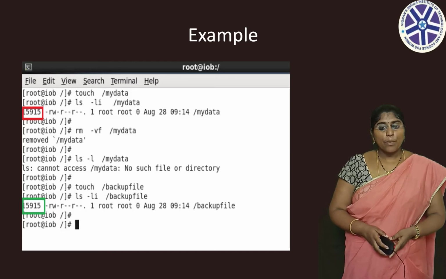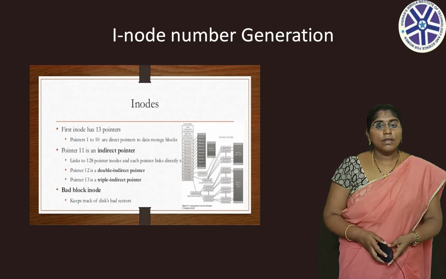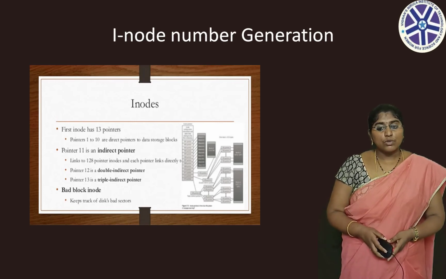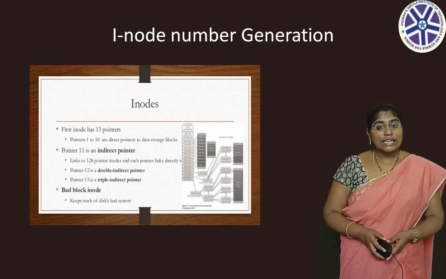Now let's see the next topic, inode generation. Here the inode has 13 pointers. Pointers 1 to 10 are direct pointers to store the data storage blocks, and the next pointer 11 is the indirect pointer.